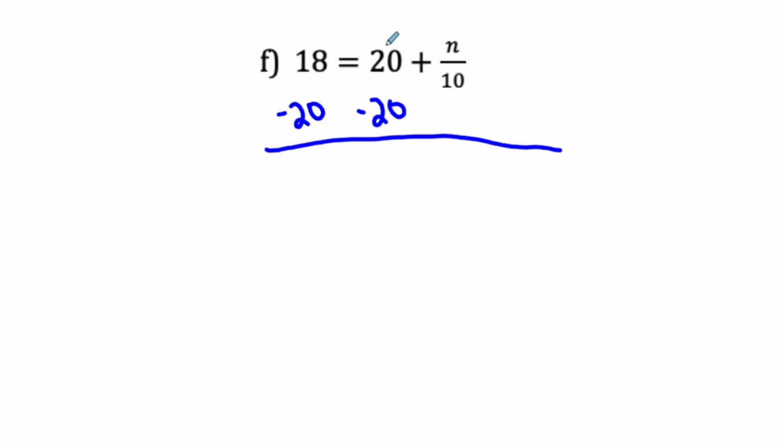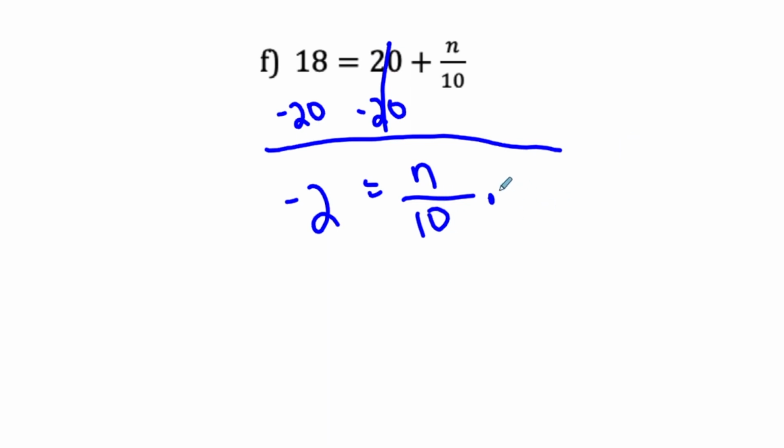So 20 minus 20 is 0. They're gone. My left-hand side is just n over 10. And the right-hand side, 18 minus 20, gives you a negative 2. So now we look at this number here and we say, what is its relationship to the variable? It's being divided. So what's the opposite of division? Multiplication.